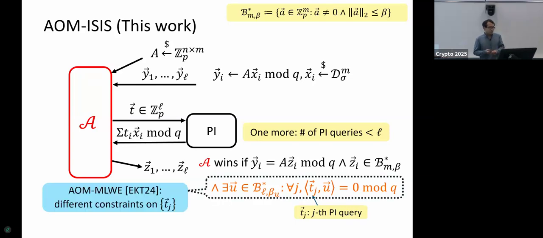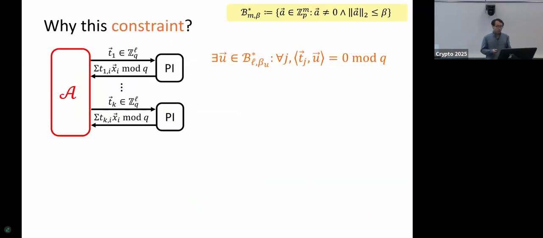I also want to mention that the AOM-MWE problem, proposed in prior work, is essentially the same problem. The only difference is what constraint we put on the queries. We call it AOM-ISIS because we think it's closer to the ISIS problem, whereas they think it's closer to MWE.